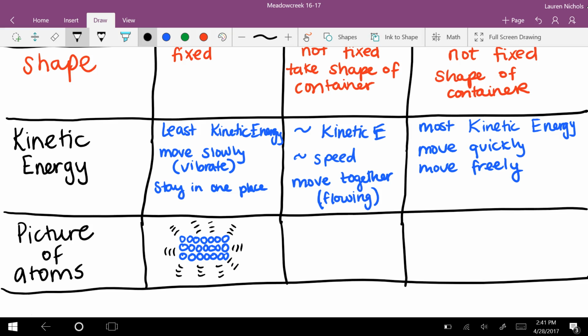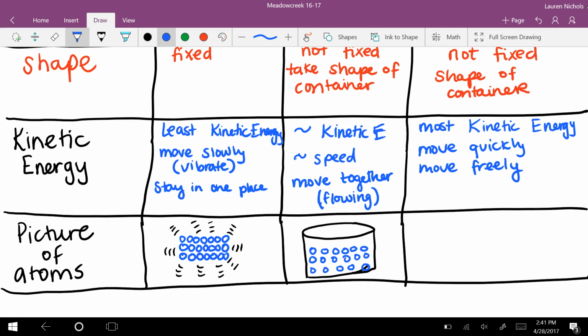Whereas a liquid, if you were to draw a container, because liquids need a container in order to have a shape, their atoms are going to be a little further spaced apart, but they're not going to be too far away from each other.